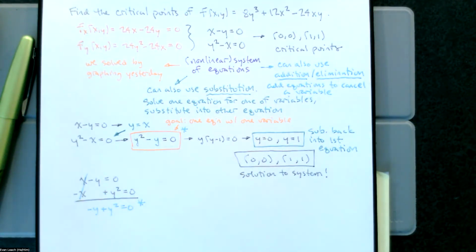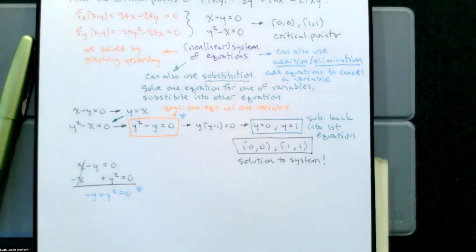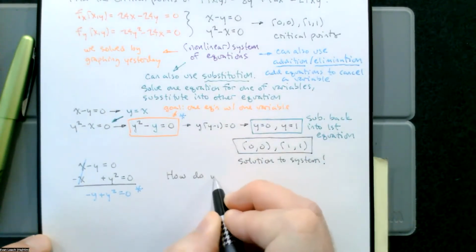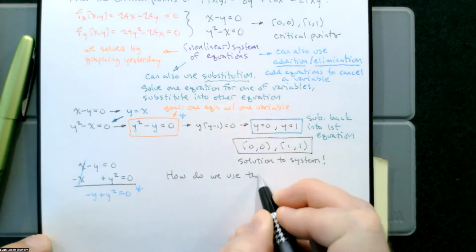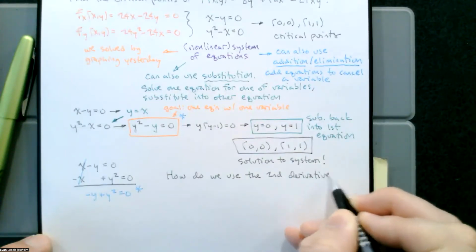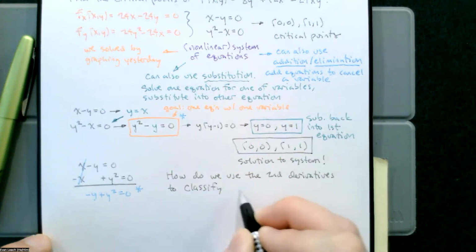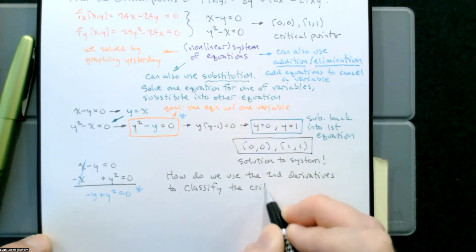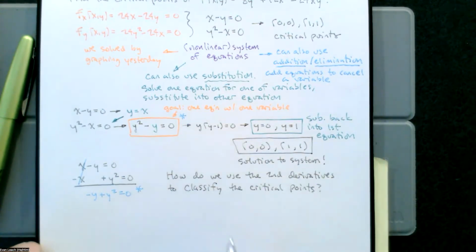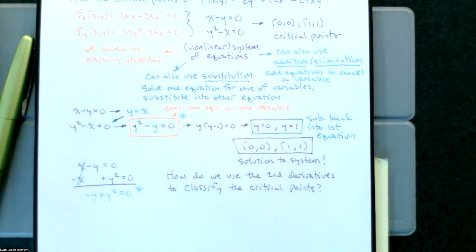So this still brings up the question of what do we do to classify? How do we use the second derivatives to classify the critical points?